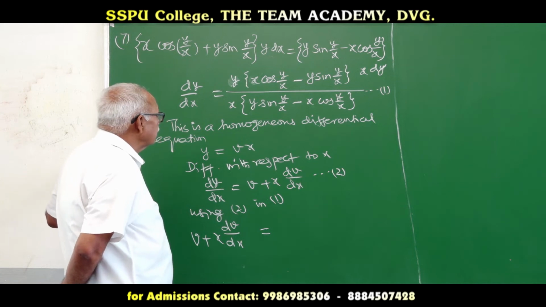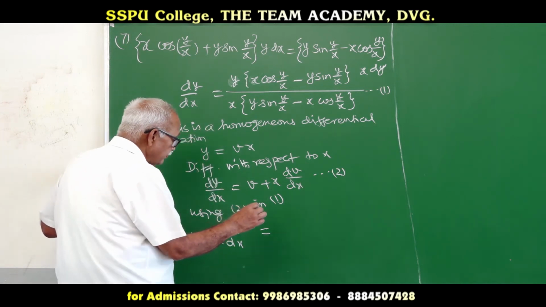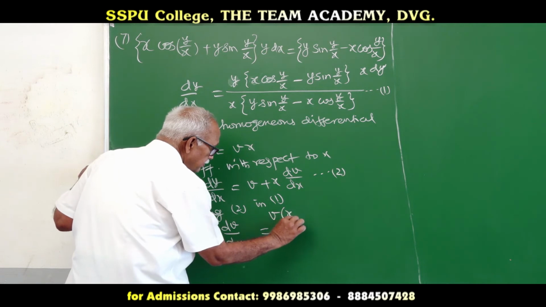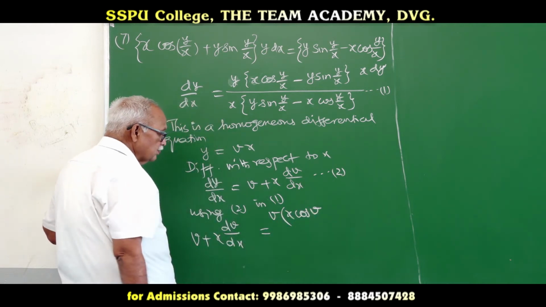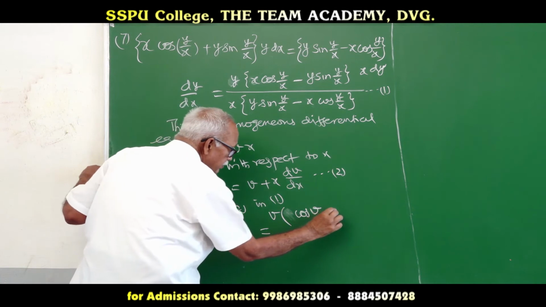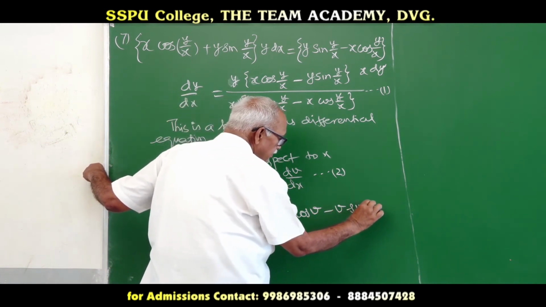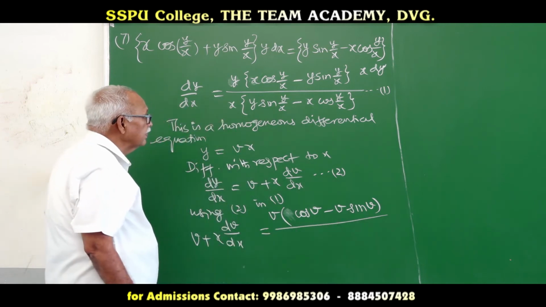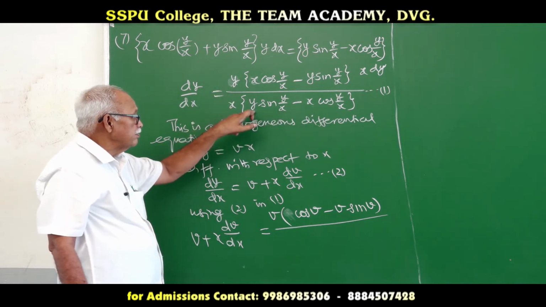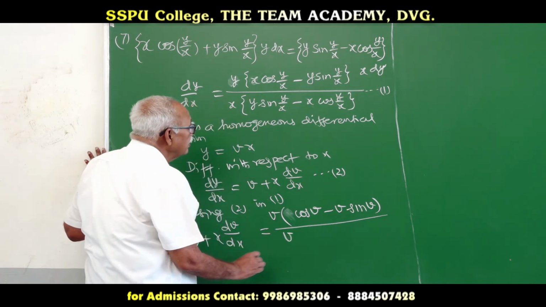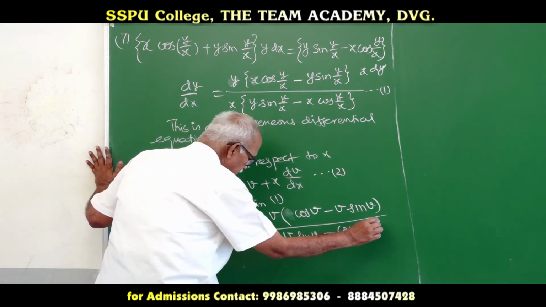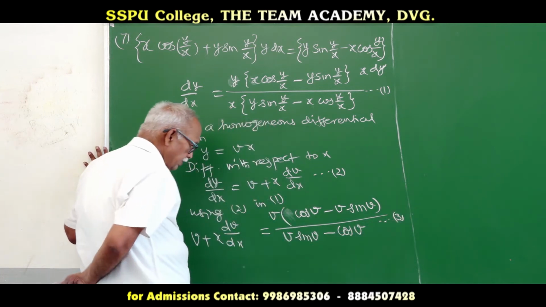So the final answer we get is v plus x dv by dx is equal to v cos v, x will not be there because we are dividing by x, divided by v sin v minus cos v. So this is the third equation.